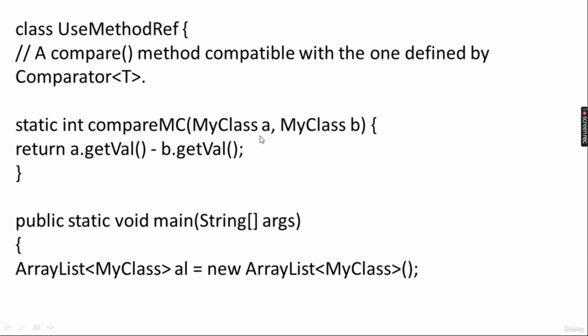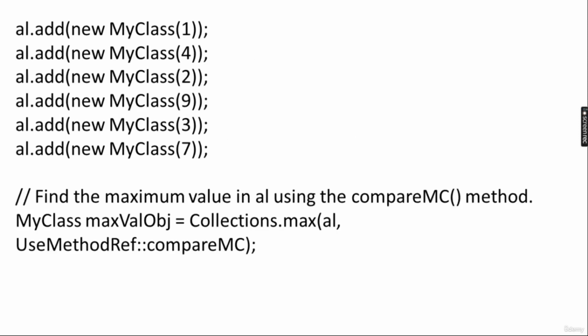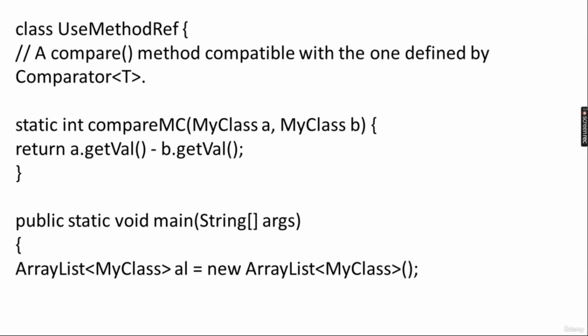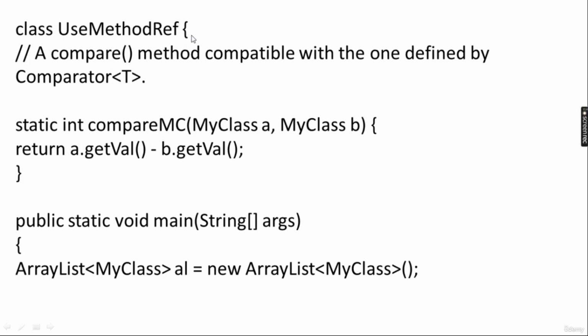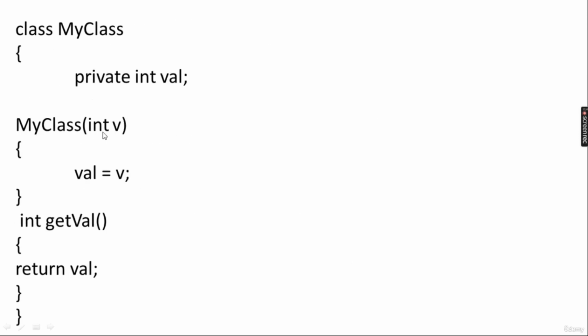The first is MyClass object a, the second is MyClass object b, and we return a.getValue() minus b.getValue(). In the main method we create an ArrayList of objects of class MyClass and add the values, like in the parameterized constructor of MyClass: 1, 2, 3, 4.